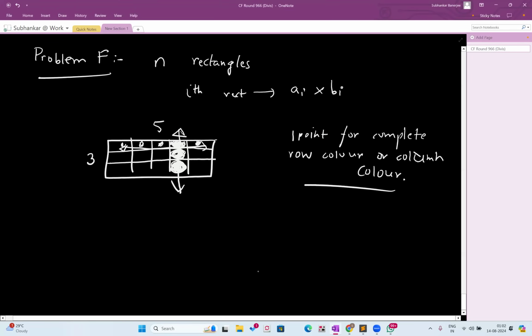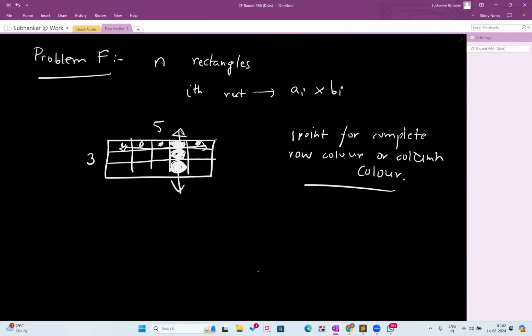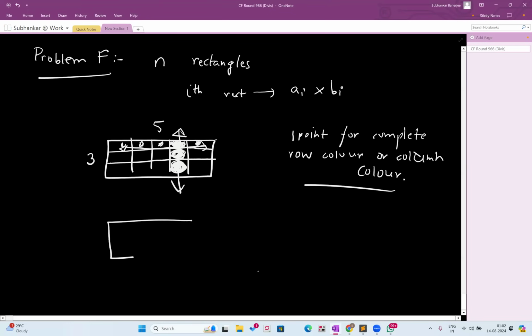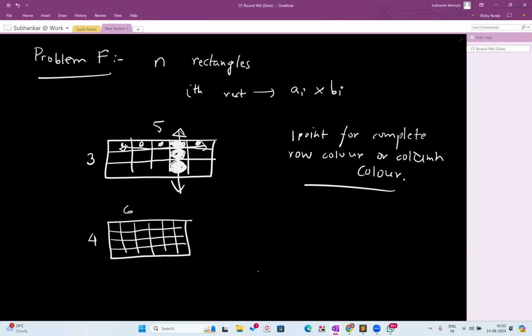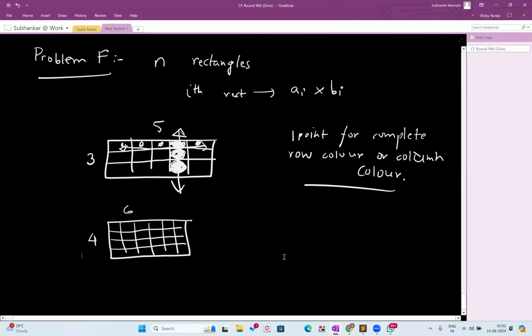So basically what we'll do, first of all, we'll just see for the case of a single rectangle. Suppose this is a 6 into 4 rectangle. Now, how many minimum number of cells we have to color to get a point?